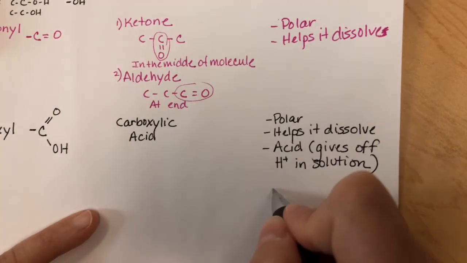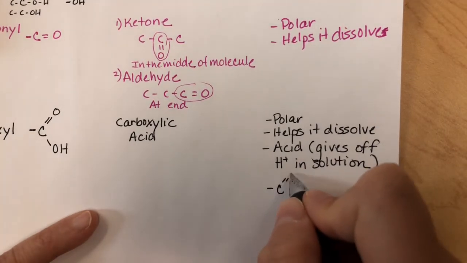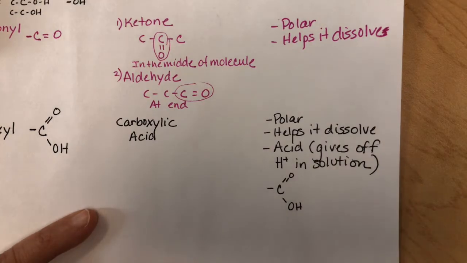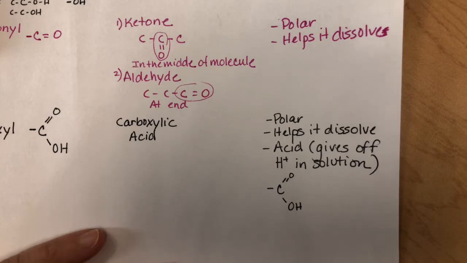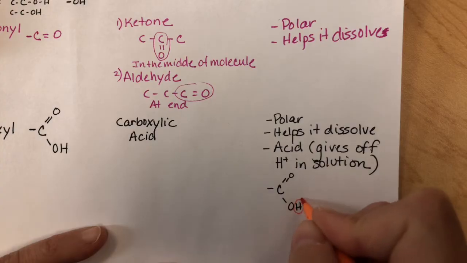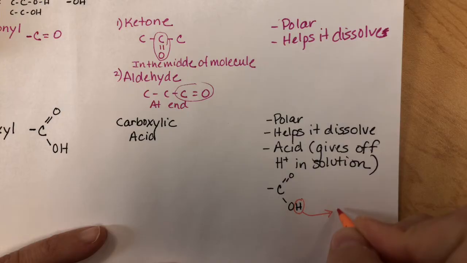So let me show you that. Here's my carboxyl group, my O with the H. I'm going to get a different color here, I'll get orange. Whatever this molecule is, here's the rest of the molecule, but it has this carboxyl group. Whenever you put it into a solution, this is going to come off as an H plus ion.